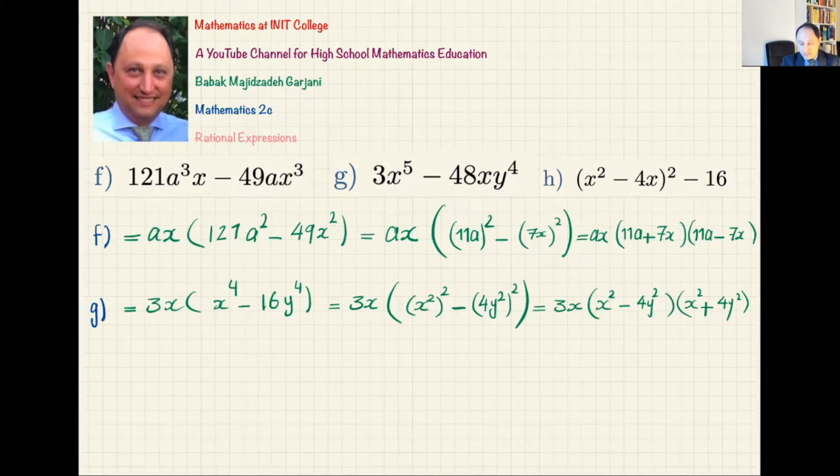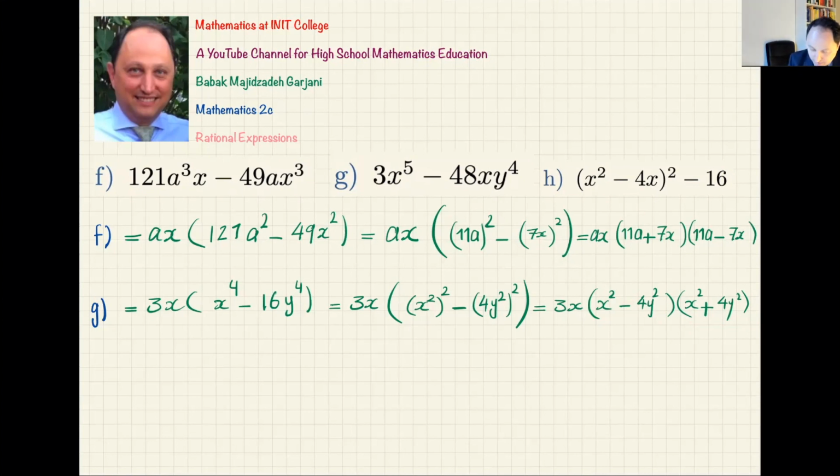Yes, you are right. This is a conjugate pattern, because again, this is a complete square, this is also a complete square, and that's the difference between two complete squares. Here, even though these are complete squares, this is the sum of two complete squares, which is not the conjugate pattern. So if you stop here, again, it is not complete.